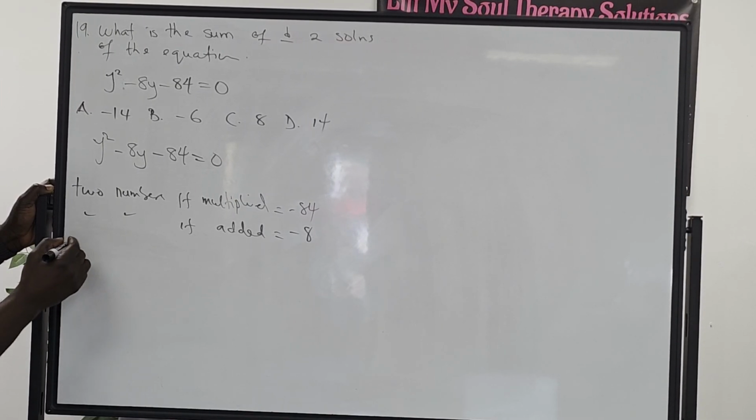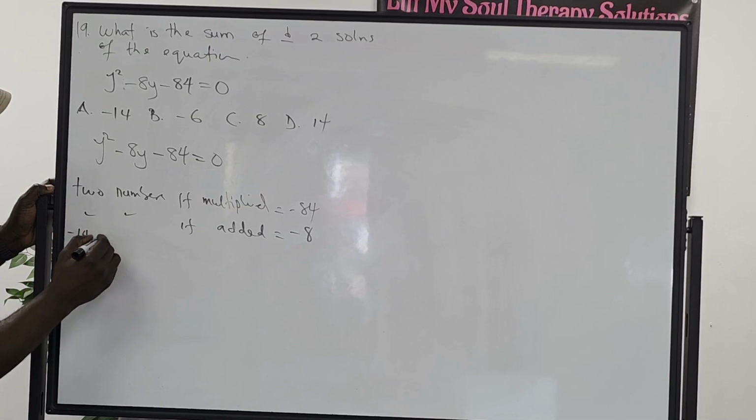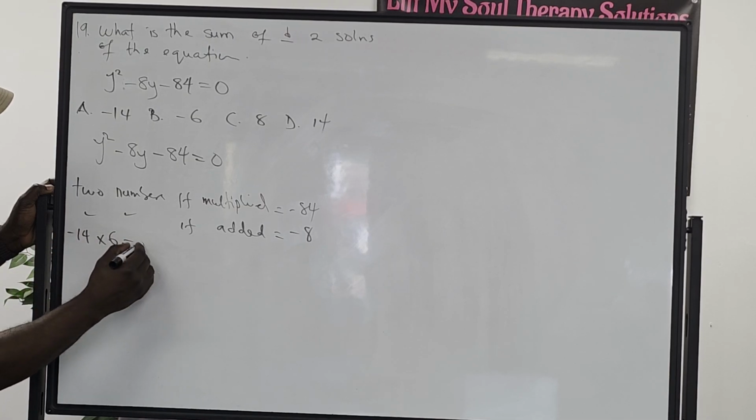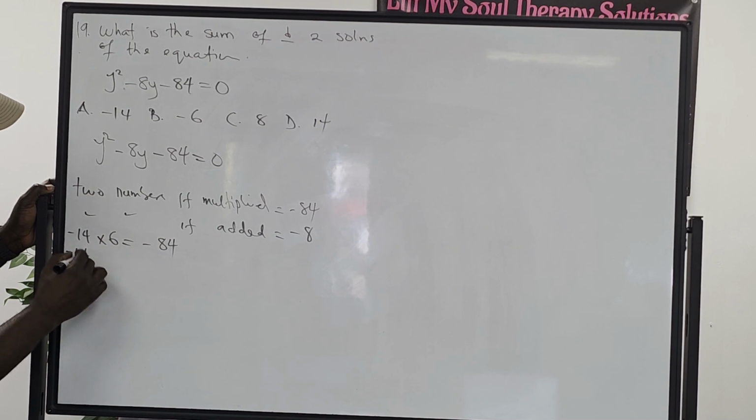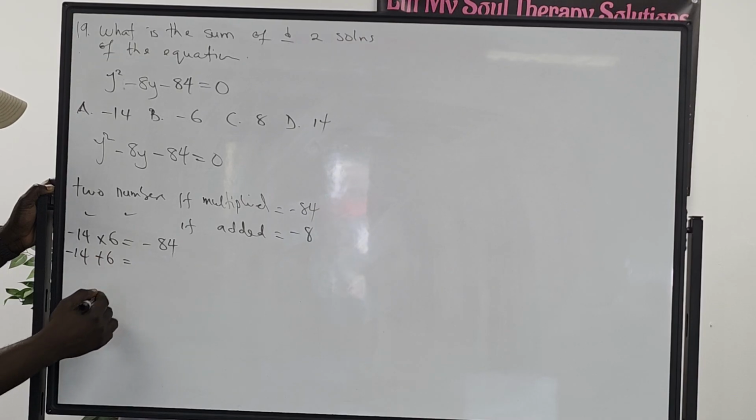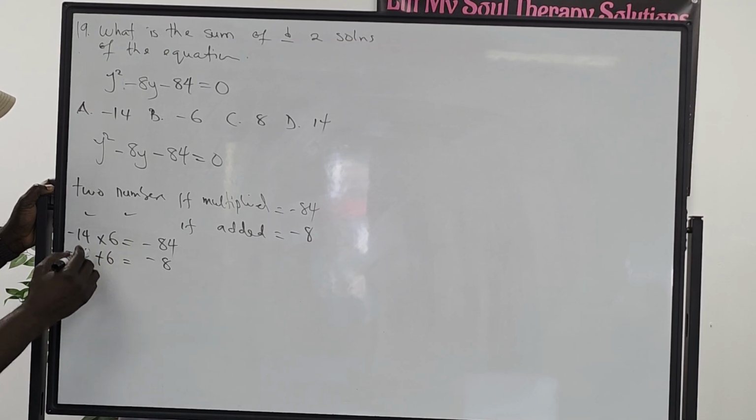So you can say minus 14 times 6 will give you minus 84, and minus 14 plus 6 will give you minus 8. So this is what satisfies what we're looking for.